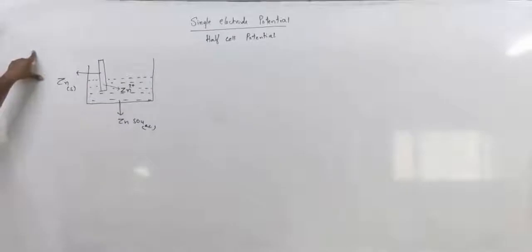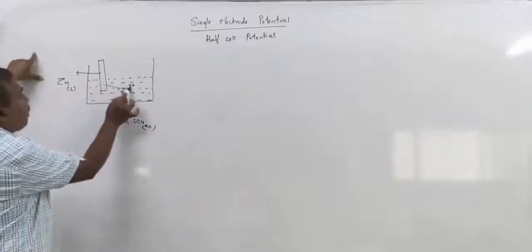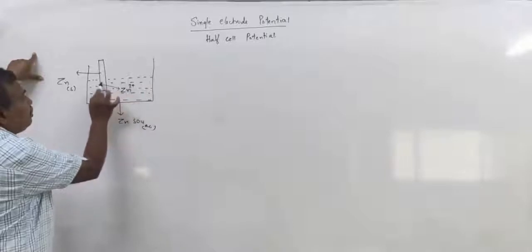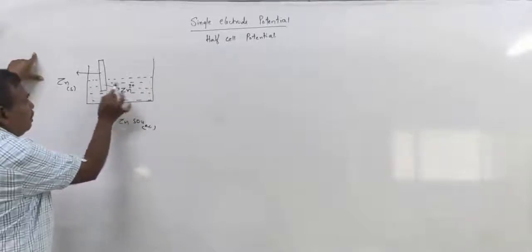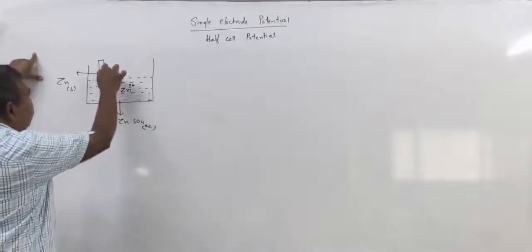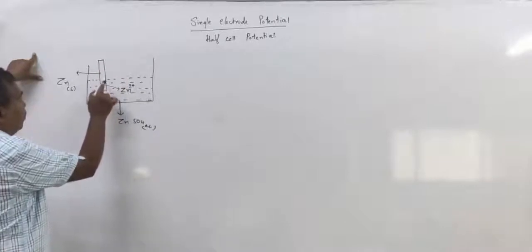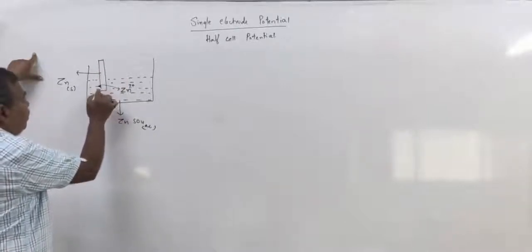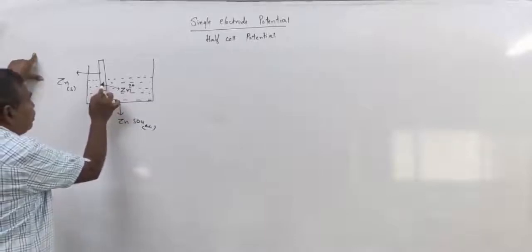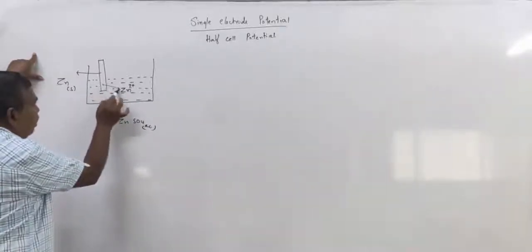Remember, whenever an element is in contact with its own ion, due to the difference in oxidation state, due to the difference in the charge, there exists a potential between the solid phase and the aqueous phase. It is called the interface.